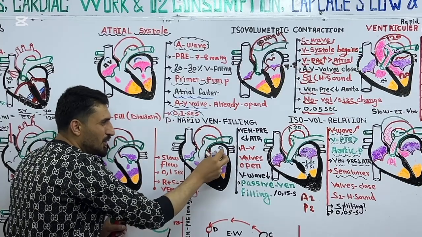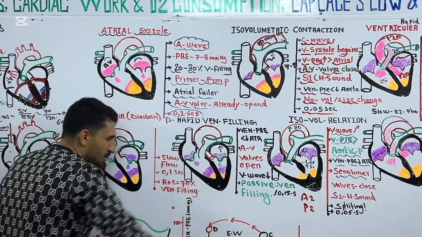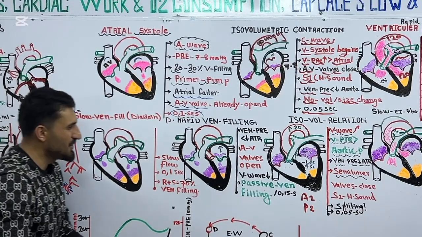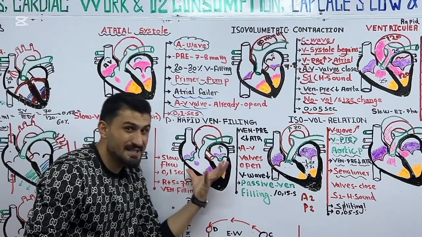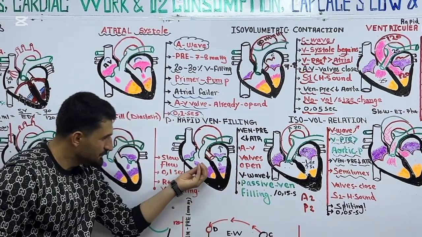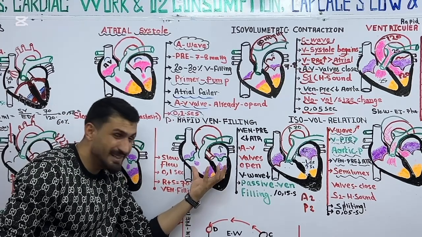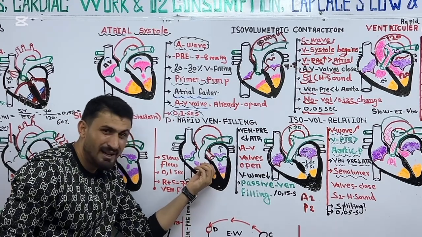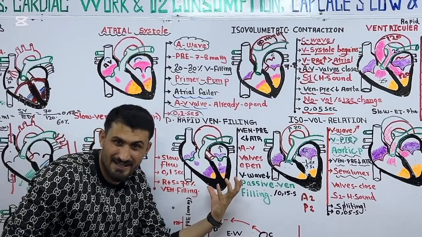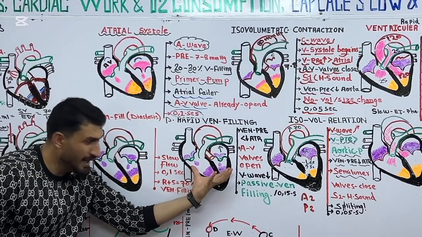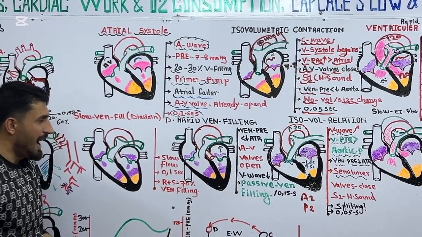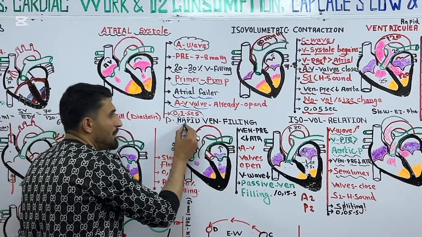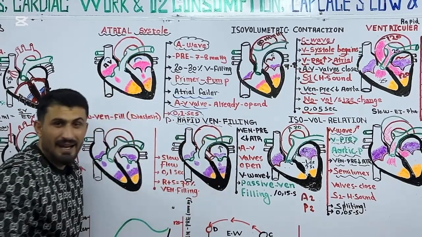Now a lot of blood enters the ventricle suddenly and passively. During diastole, during relaxation, the ventricle acts as a reservoir. Got it? So now the ventricle is filling itself, and this phase is called the rapid ventricular filling phase.